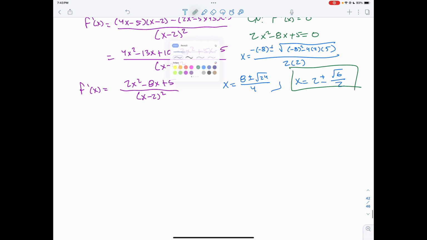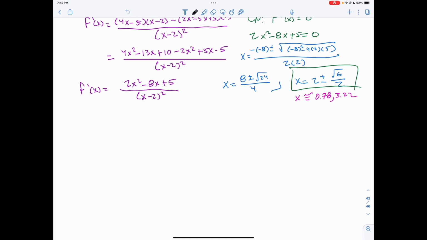Now I can approximate this as 0.78 and 3.22, so I get a general idea of where it would exist on the graph.